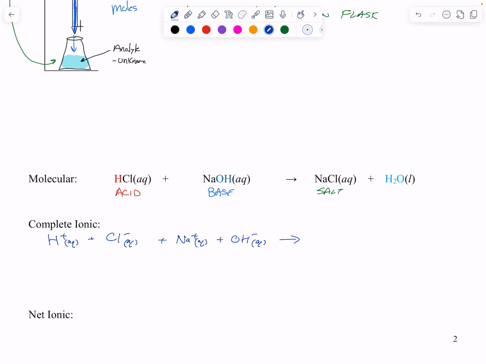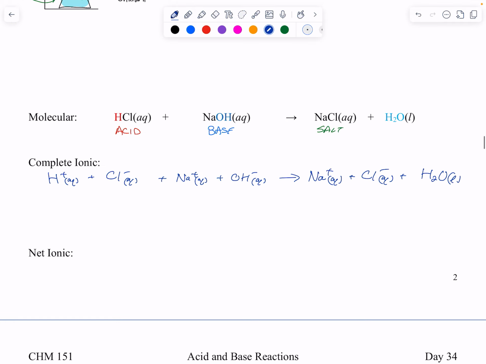NaCl, the salt. Well, that's ionic and aqueous. It's in water. So you get Na plus, Cl minus. And water is a liquid. It's a molecule, so it sticks together. So the net ionic then would be, well, what just reacts?